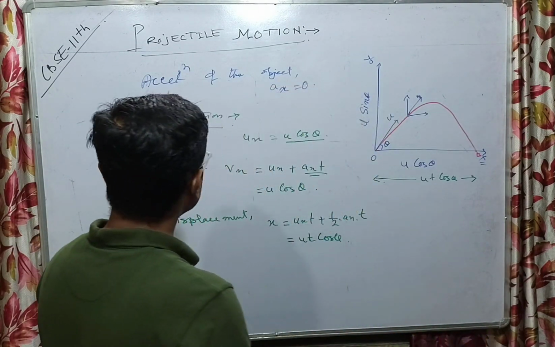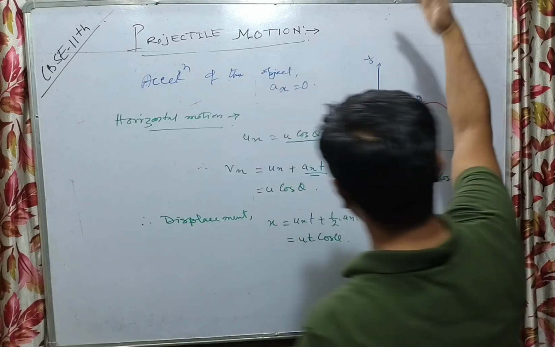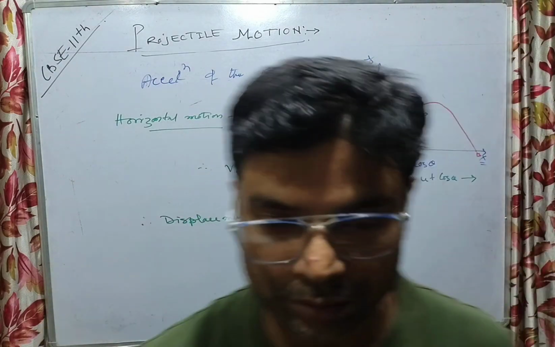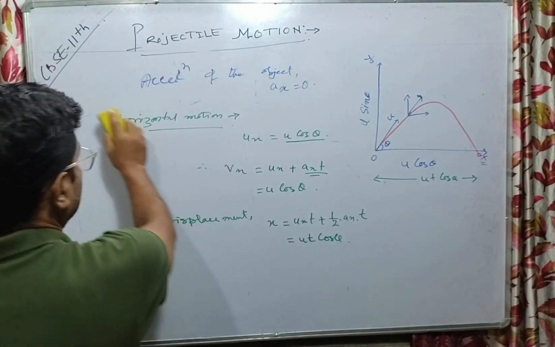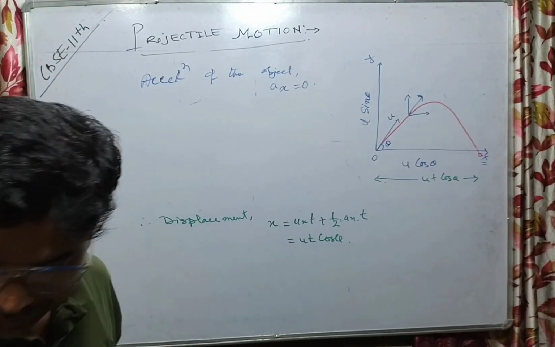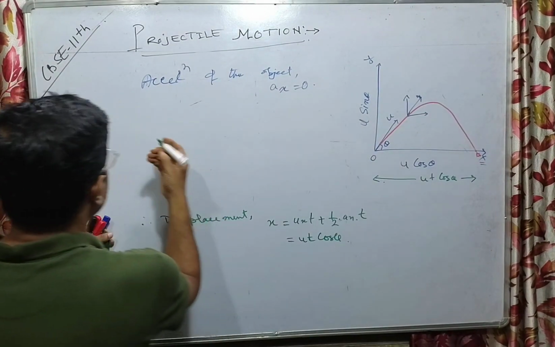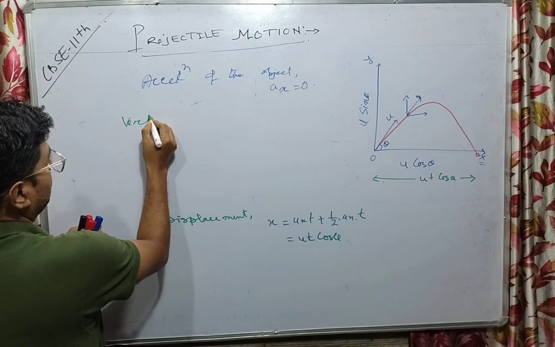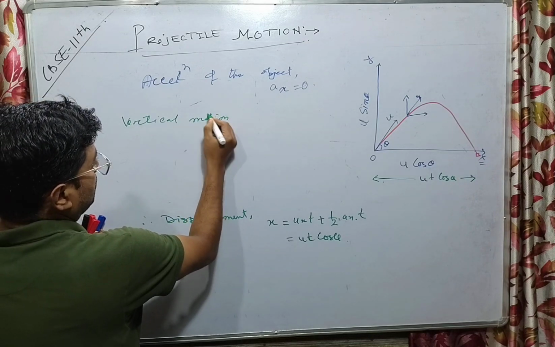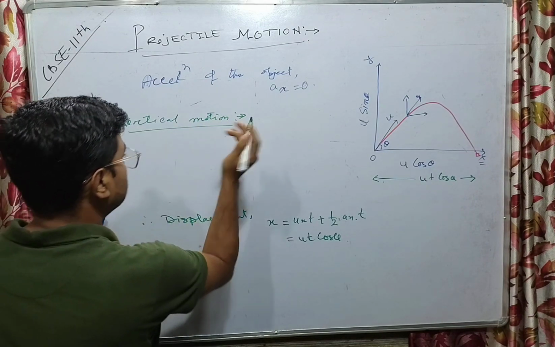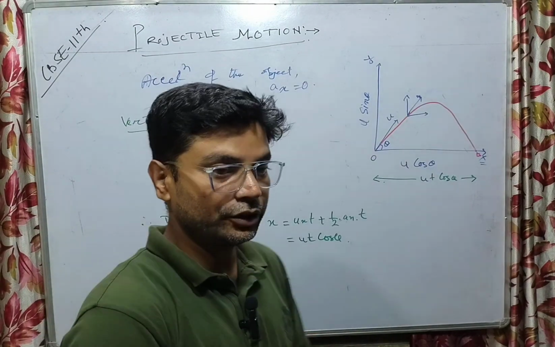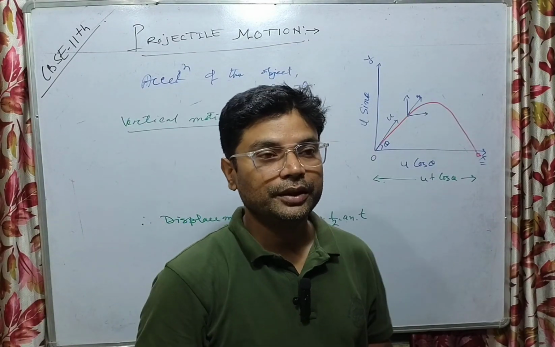Now I will calculate the vertical motion also. In vertical motion, the acceleration cannot be zero.